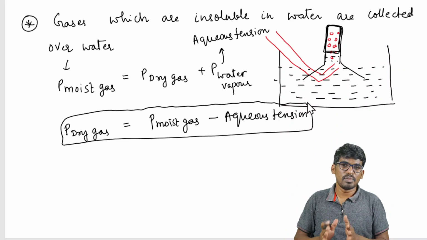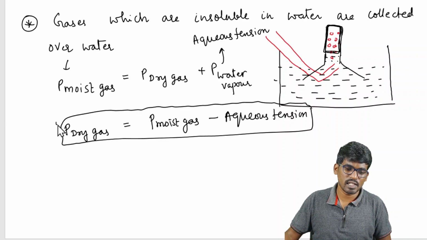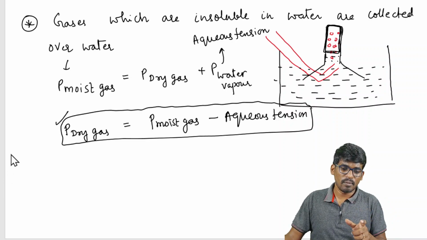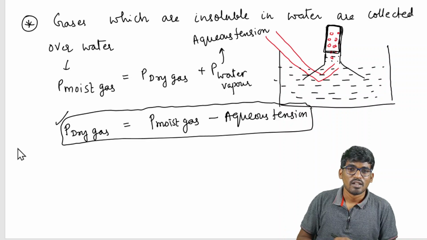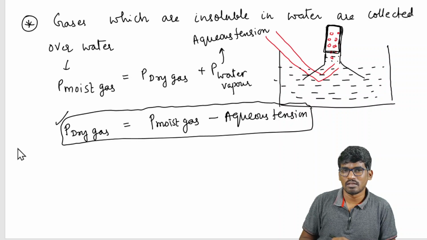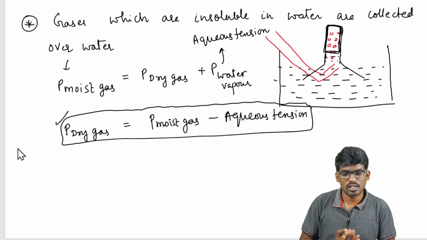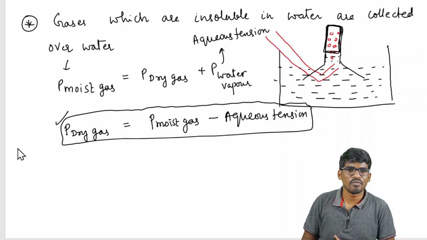In such a way, you will be able to calculate the dry gas pressure. Of course, this formula we will use again in quantitative analysis of organic chemistry, for estimation of nitrogen by using the Dumas method. In that case also, the pressure of dry gas formula can be used. It is also another application of Dalton's law. Hope you understand. It is a clear-cut idea about Dalton's law of partial pressures.